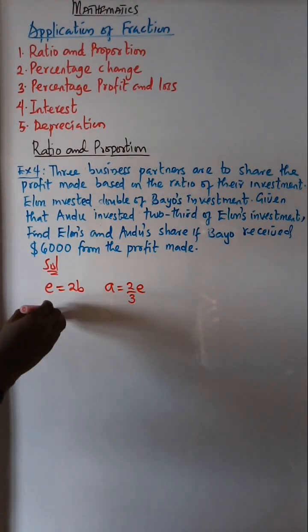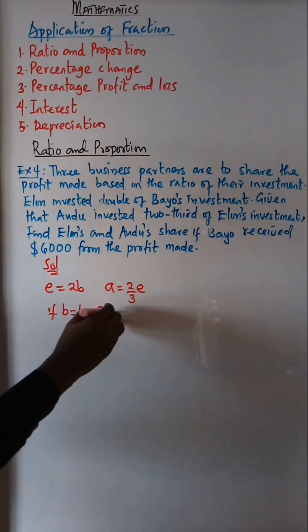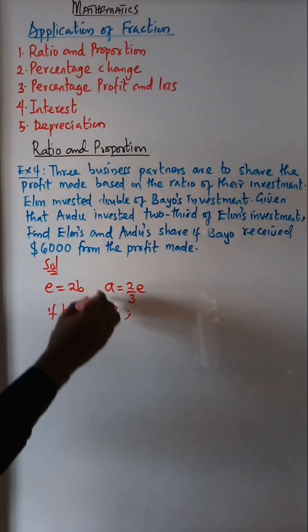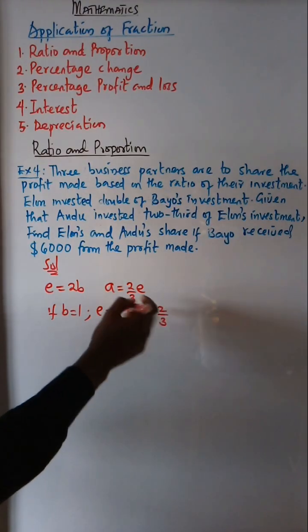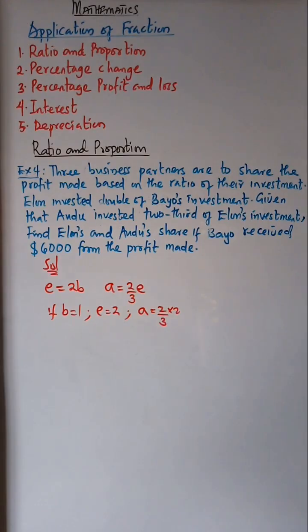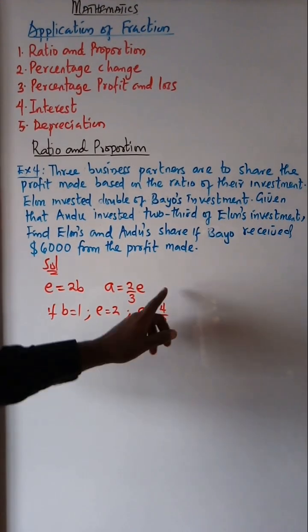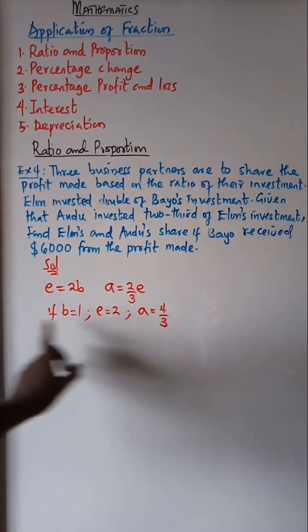So if Bayer is 1, then Elon is going to be what? 2 times 1, 2. What will be Audu? Audu is 2/3 times what's now E, which is 2. Which is going to be what? 4/3, because 2 times 2 is 4. But here we have a fraction. We want everything to be whole numbers. So what are we going to do? All we have below here is 3. So multiply everything through by 3.